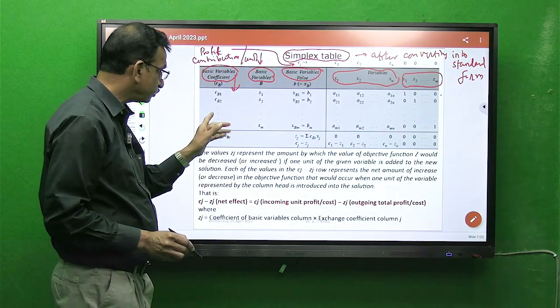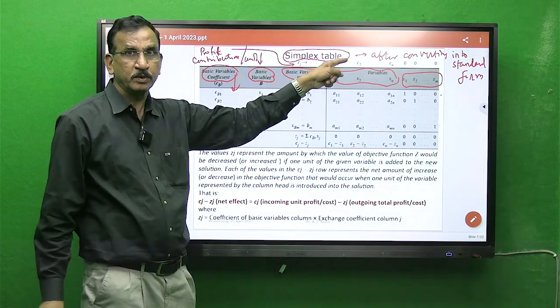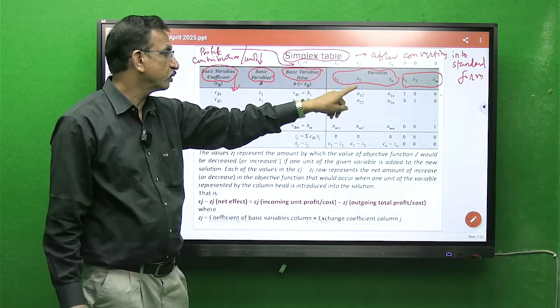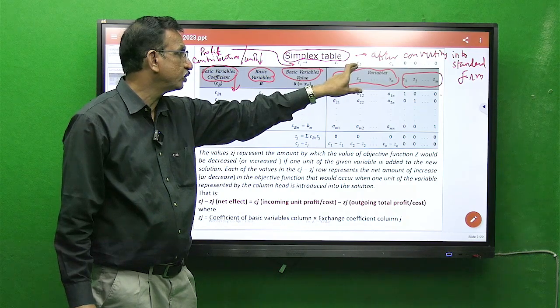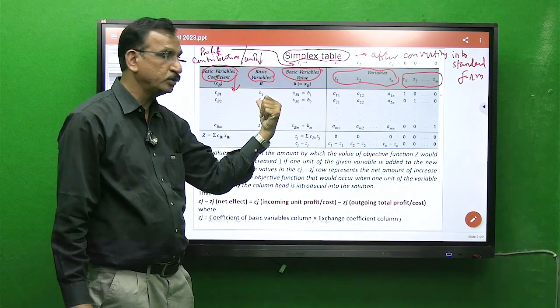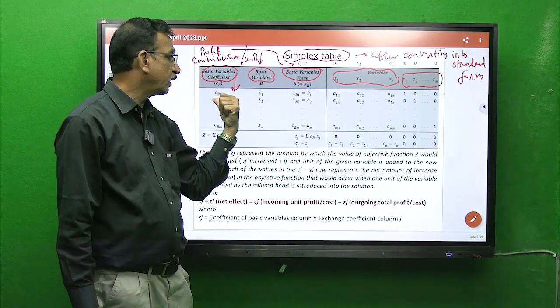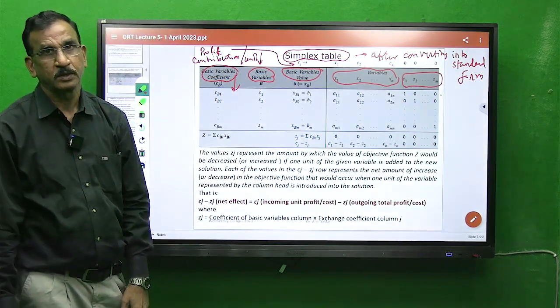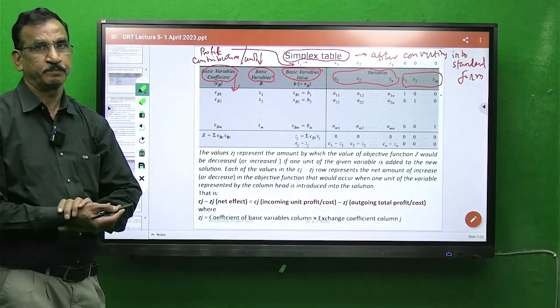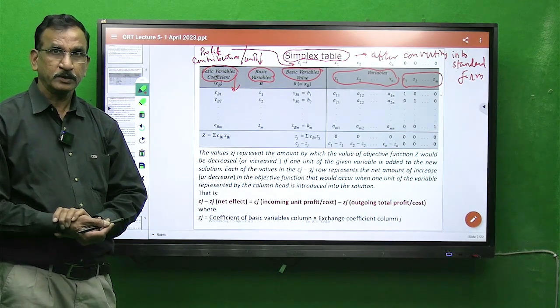These values are the same as that of the Cj value. So suppose for x2 I am having a C2 value, and if x2 is coming over here, the value will be C2, the real value which happens to be there in the problem. Got it?